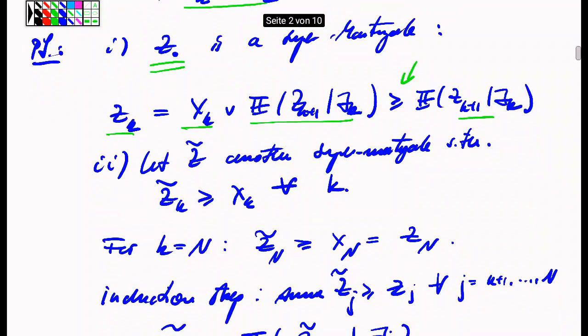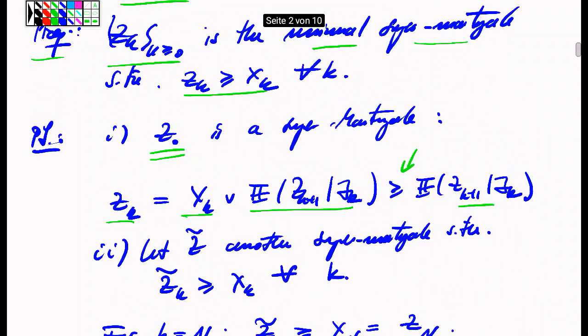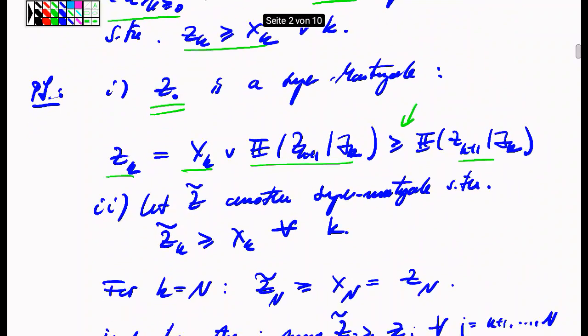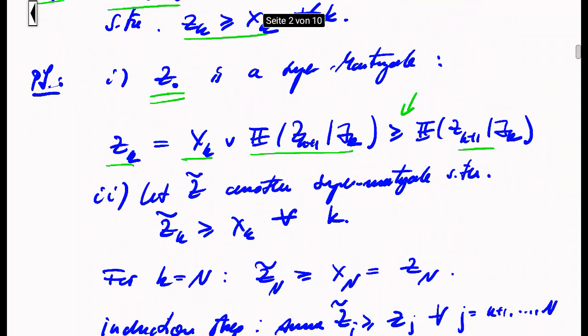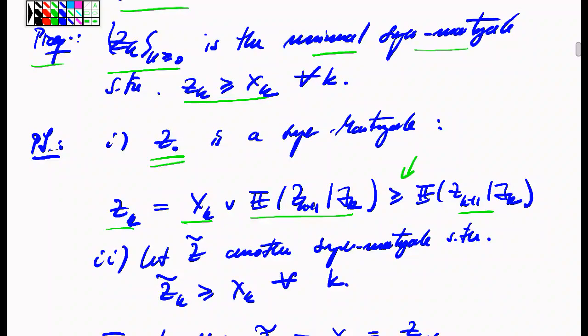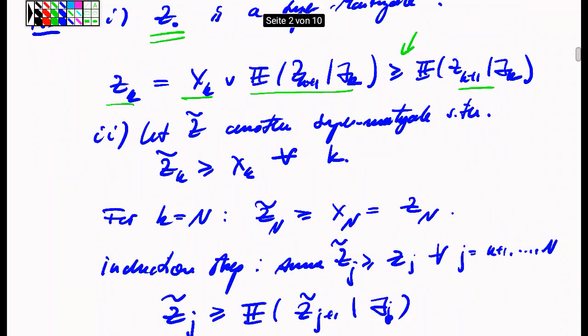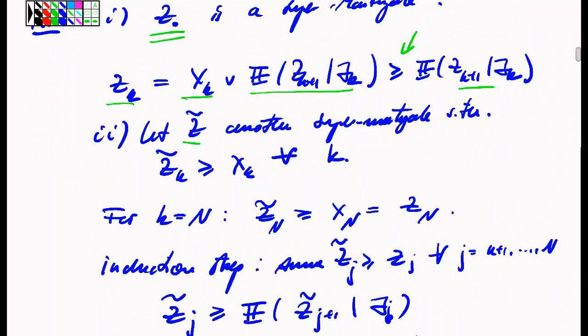Now let's check that Z has this minimality property, that it is, in the pointwise sense, the minimal supermartingale which still is above the X process. Well, first of all, by its very definition, we see that Z is an upper bound to the X process, and let Z tilde be now another supermartingale which dominates the X process.